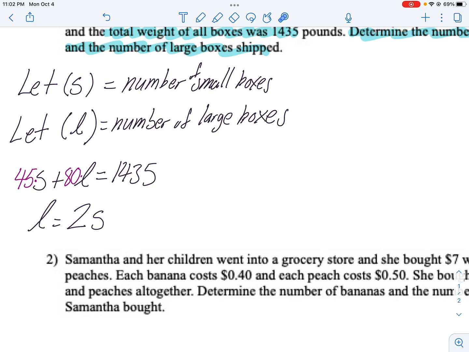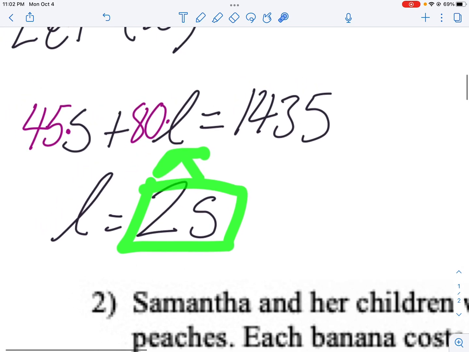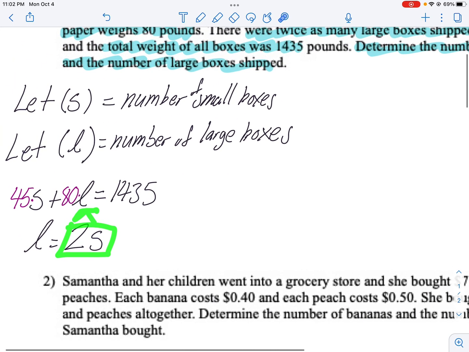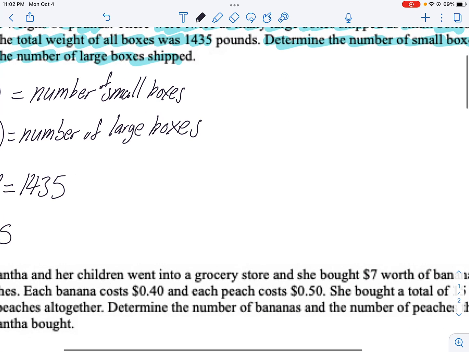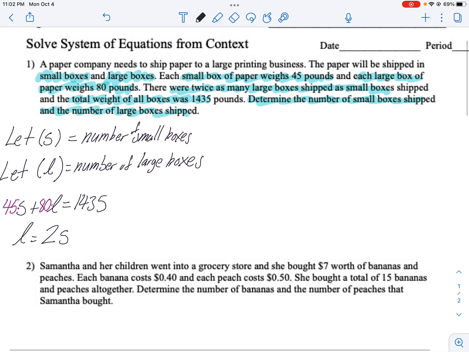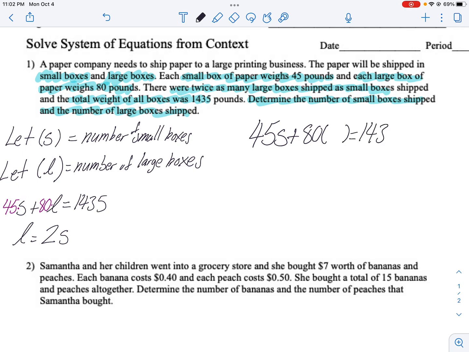If you notice here, it says L is equal to 2S. So this 2S is going to go right in there because L is equal to 2S. So on the side, we're going to say 45S plus 80 times parentheses 2S, equals 1,435.